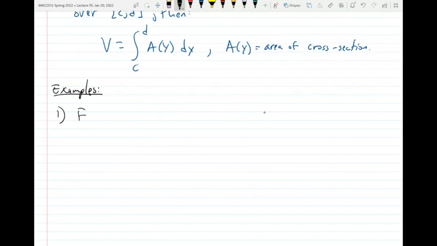All right, so find the volume of the solid. Now I have to tell you something about the solid.